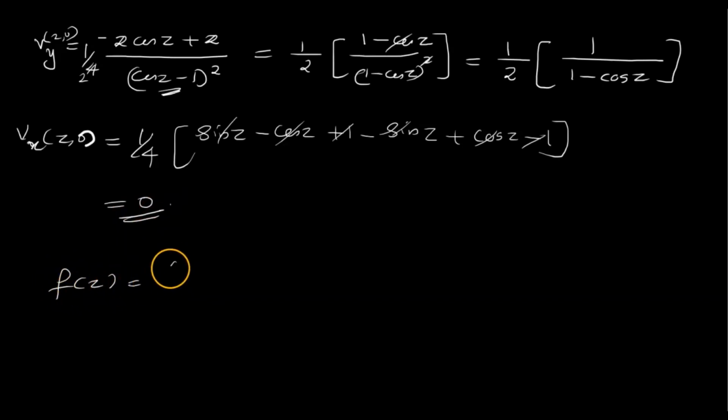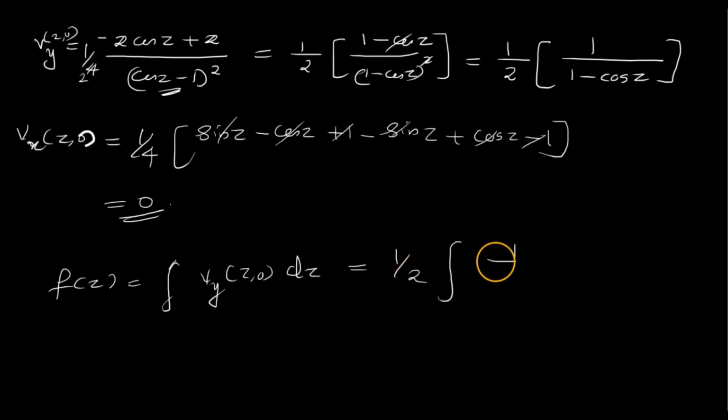F of z is the integral of Vy at z0 dz only, plus i into Vx, which is 0. So what we get? Integral of this is 1 by 2 into the integral of 1 by 1 minus cos z dz. So what is 1 minus cos z?